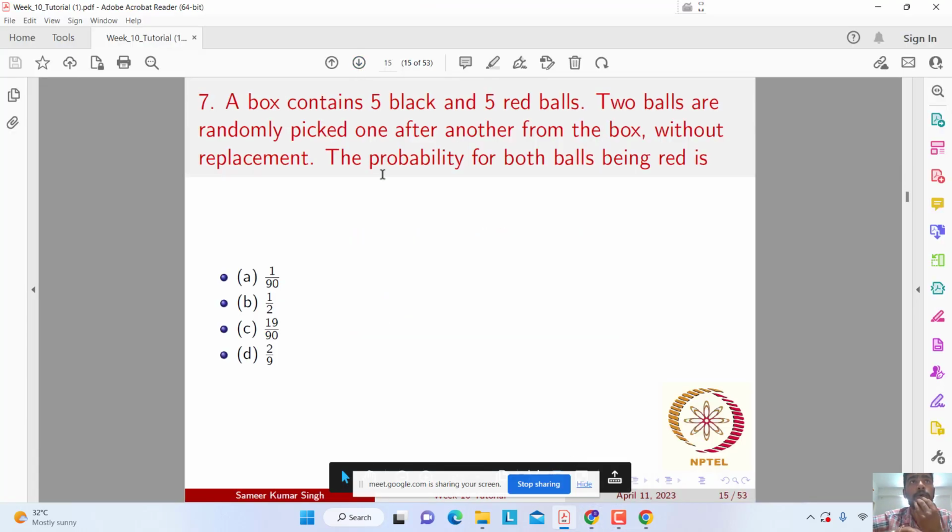Okay. Now we have question number 7. Question number 7 is: a box contains 5 black and 5 red balls. Two balls are randomly picked one after another from the box without replacement.